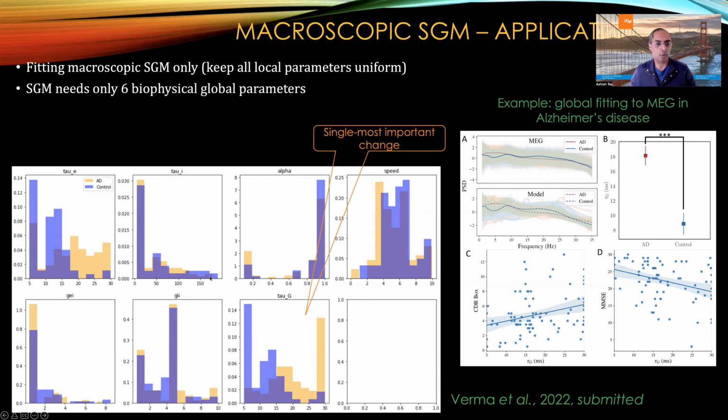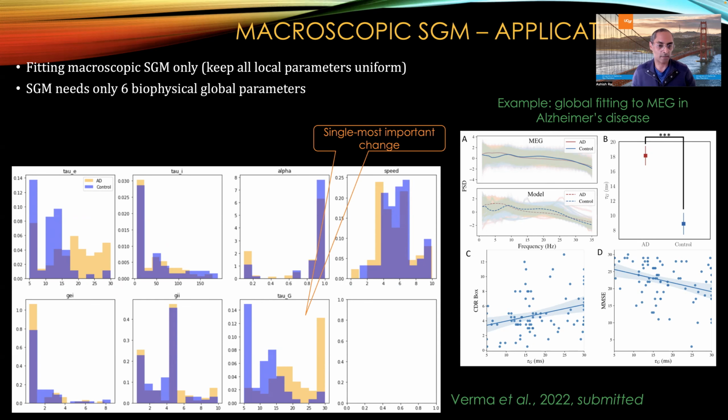There are other parameters that also change, for instance, the local excitatory time constant tau e, but others don't. For instance, the speed doesn't change, which might be a surprise to some people who think of Alzheimer's disease as having a demyelinating phase.